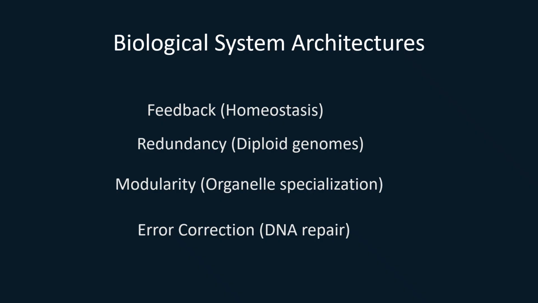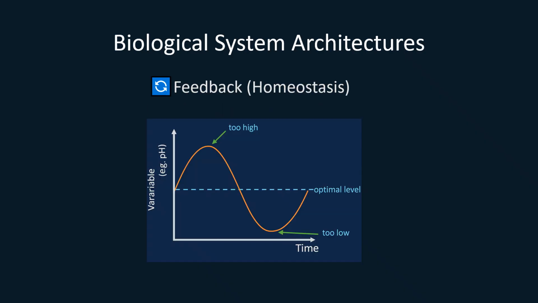Let's start with feedback. Feedback loops keep systems stable. Homeostasis is simply a loop that holds values like temperature or pH within a narrow range. In your code, loops keep systems stable, right?